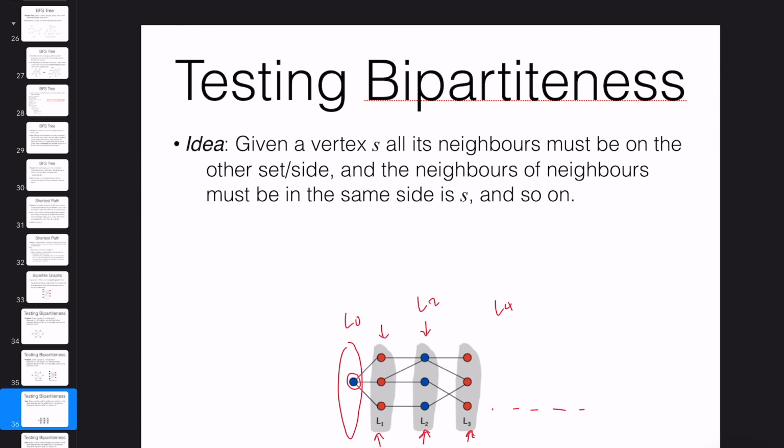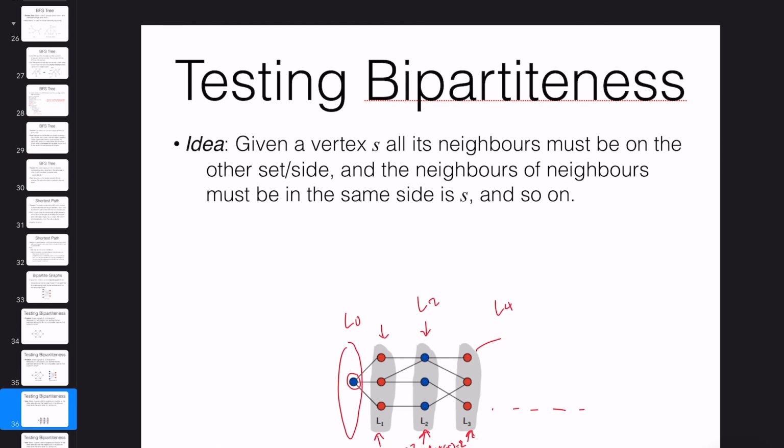So layer 1 will be all the nodes which are at distance 1. All the nodes in layer 2 are going to be at distance 2, and all these nodes are going to be at distance 3, and so on. So I just need to run the BFS and calculate the distance for all the nodes.